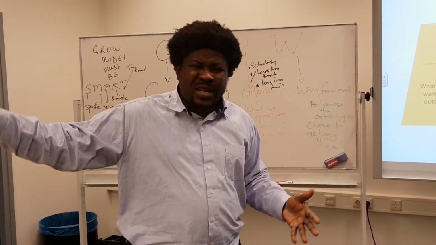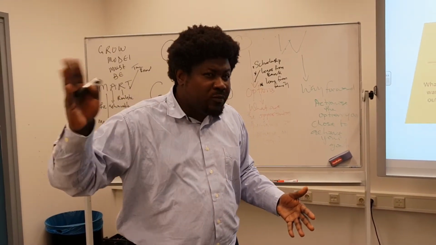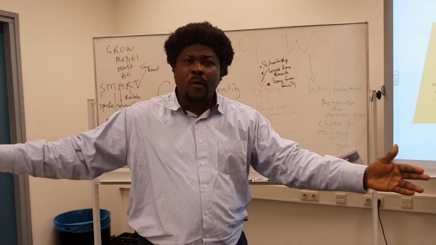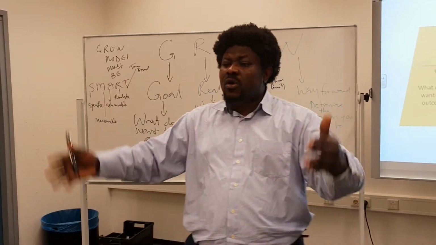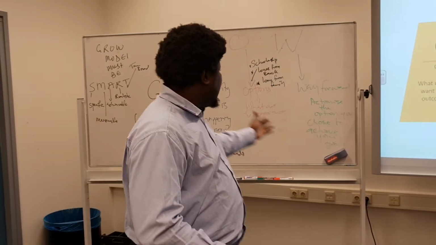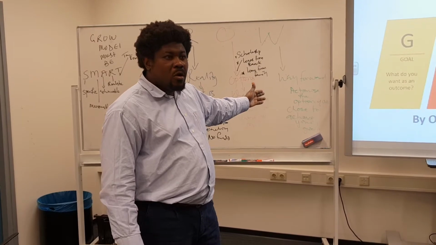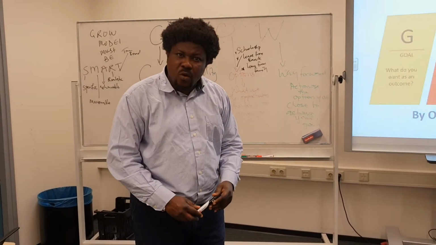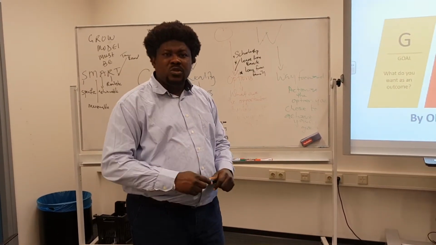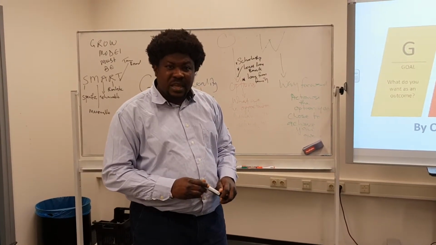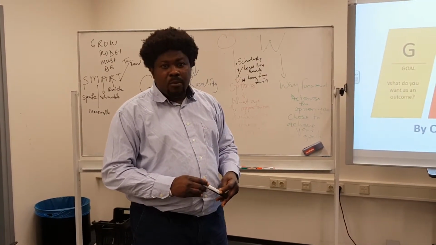Does it help me to achieve what I want to achieve? Be truthful to yourself, be realistic to yourself, and you can put down your options and look at the different alternatives available for you to achieve your goal, and finally you can put an action on your goal. And that is the GROW model, and I hope that we will begin to use the GROW model to enhance our personal effectiveness and to develop ourselves professionally.